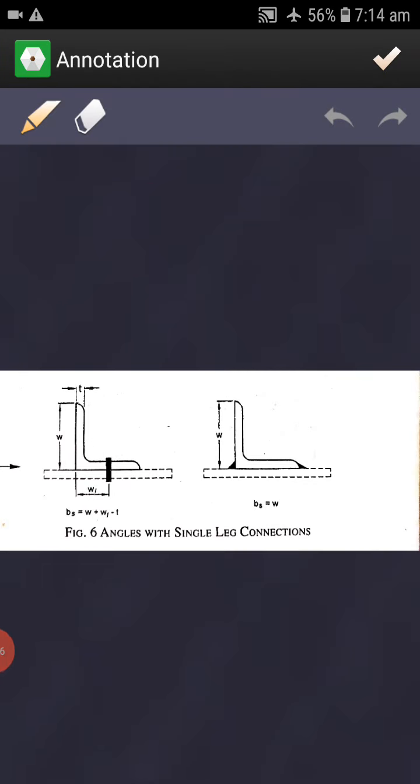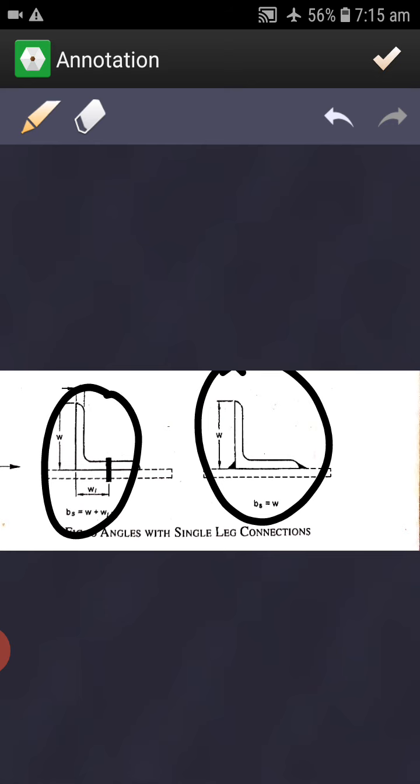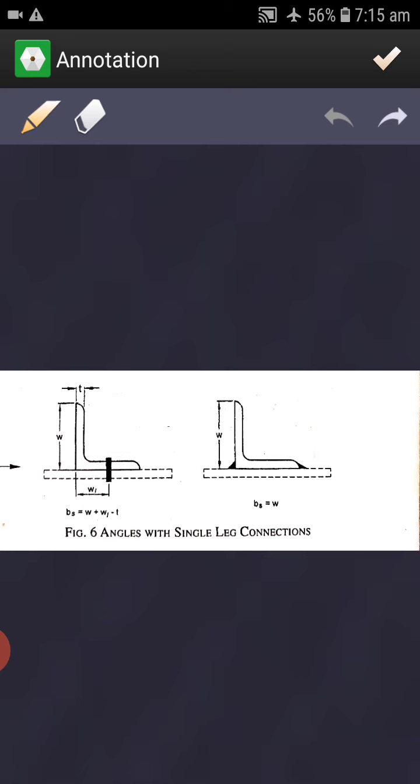If the angle is bolted, and if the angle is welded, they have given different calculation for BS. So if it is a bolted section, what is BS? There is a small formula given in the code. You can refer to the code also. BS is W plus WI minus T. So what is W?